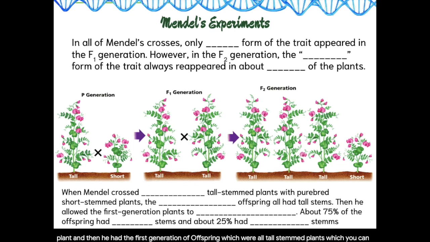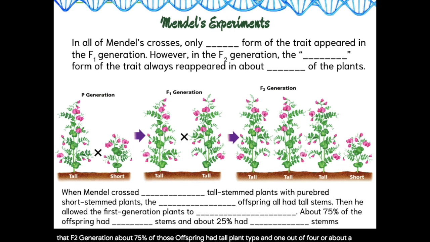Then he allowed this F1 generation to self-pollinate, which gave us the F2 generation over here. In that F2 generation, about 75% of those offspring had the tall plant type, and 1 out of 4, or about a quarter, 25%, would have the short stem type.